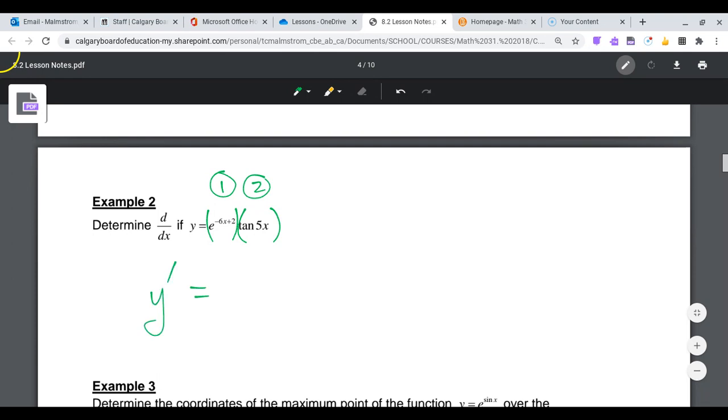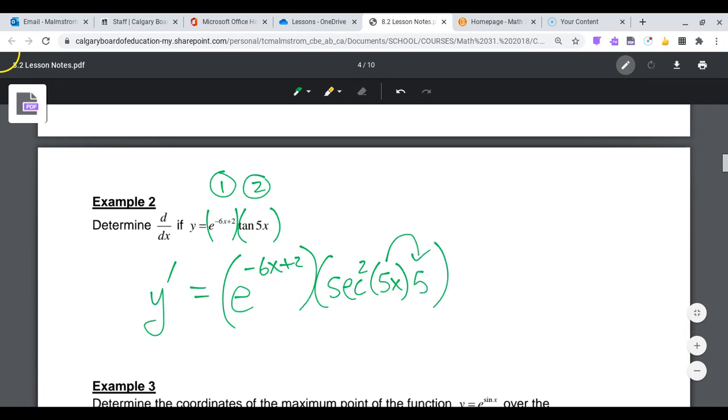So y prime is equal to 1, e to the power of negative 6x plus 2, times d2. So what is the derivative of tan? Secant squared of the argument multiplied by the derivative of the inside. So don't forget your derivative of your argument on the trig as well.